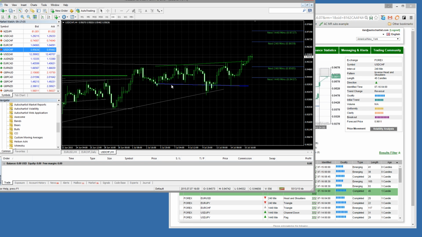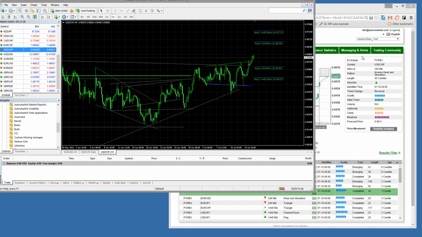And so I look at something like this and I think, well, this is quite an interesting opportunity for me. I may decide personally to readjust these levels that Autochartist identified. You know, I might look at something like this as a level. Autochartist, interestingly enough, I don't know if you can see this green line on the left-hand side. That's a level that Autochartist identified before, a resistance level.